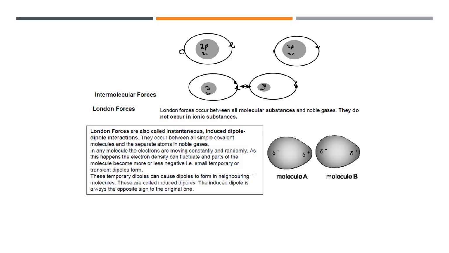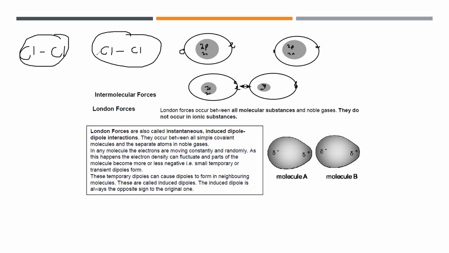Is it clear? Initially, if this is one molecule, you can take a chlorine molecule, Cl2. So this is one chlorine molecule. Its bonds are non-polar and the molecule is also non-polar. Then there's another chlorine molecule. But what happens when they collide with each other?